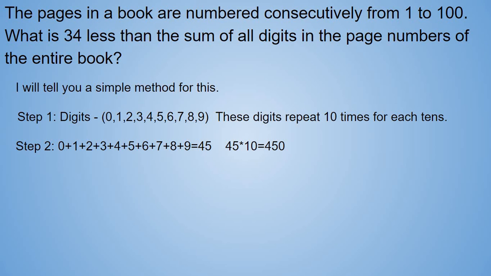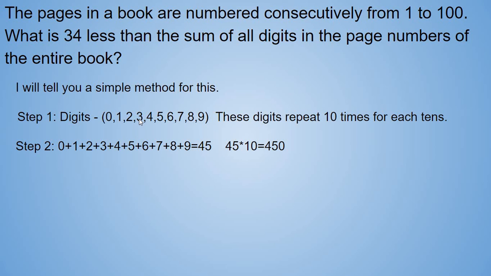Let's figure that out. So you know how, let's say 1, okay? 1 has its own tens, we can say, like 11, 12, 13, 14, 15, 16, 17, 18, 19. See, the 1 repeats continuously 10 times in its own specific tens. So then all the digits have to repeat 10 times in its own specific tens.